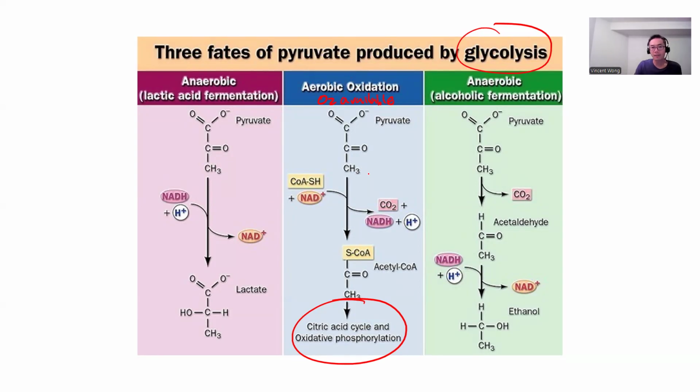And if there's not enough oxygen, then you will do lactic acid fermentation. If we are talking about something like yeast or other simpler organisms, then they will do alcoholic fermentation. We do not do alcoholic fermentation. Alcohol is toxic to our cells. So that's only for yeast and other kinds of simpler organisms.